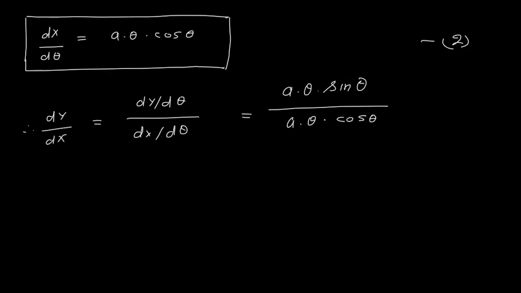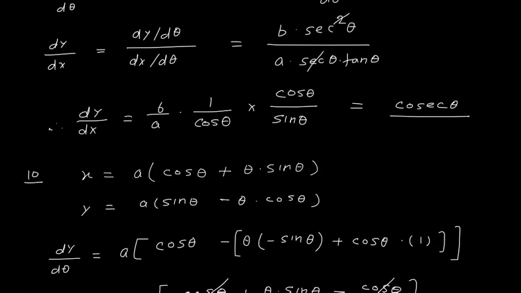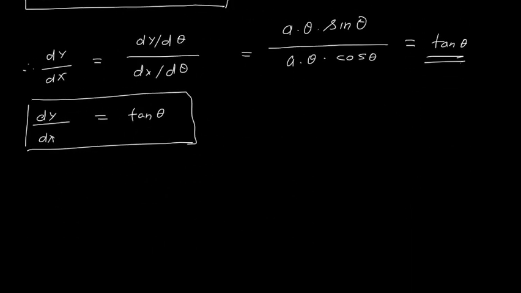Now this a cancels, theta theta cancel, and sin theta upon cos theta will be tan theta. So dy upon dx is equal to tan theta. Easy? Okay. This is our 10th question. Now let us move to the 11th one.